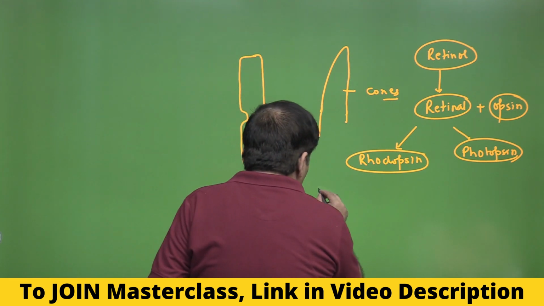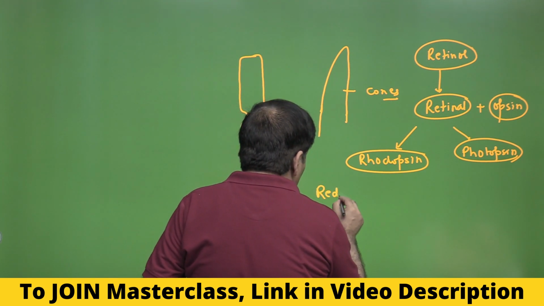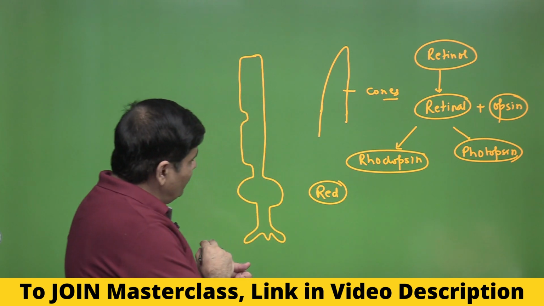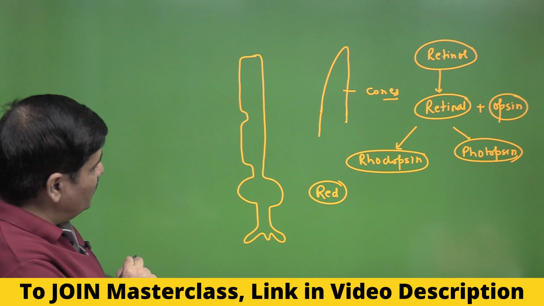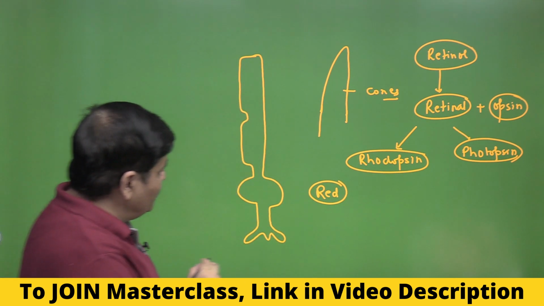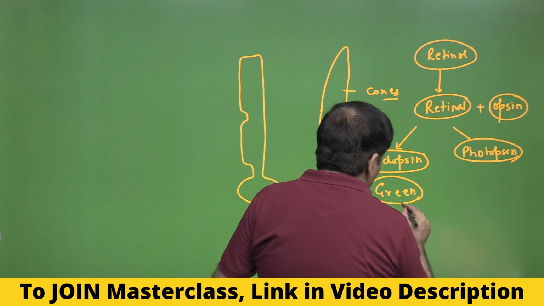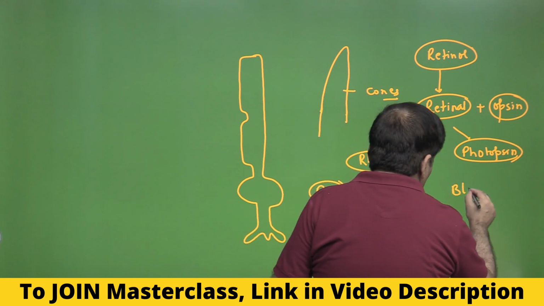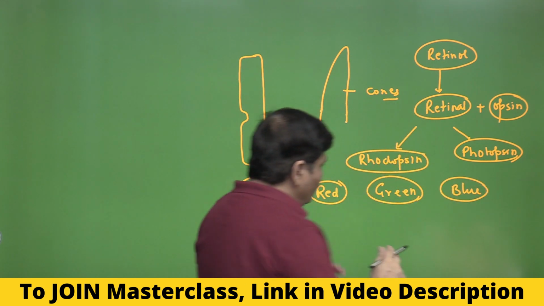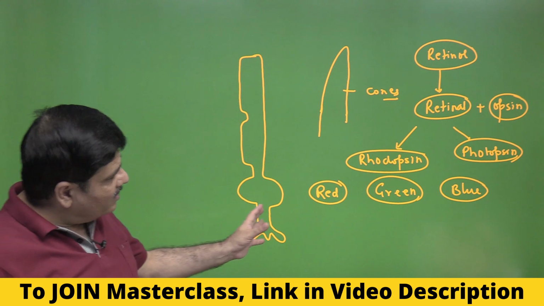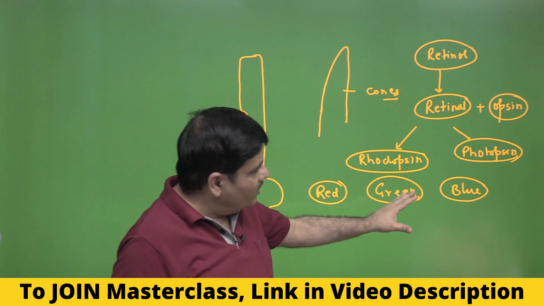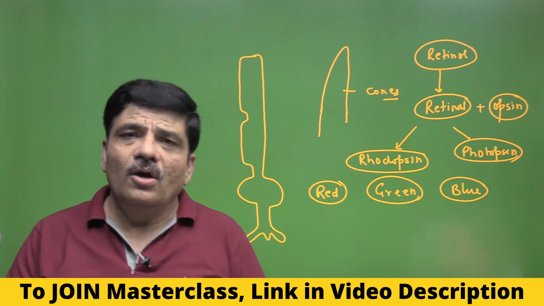So you have the cones that are very sensitive to light in the wavelength of the red end of the visual spectrum. Some of them would be for green, and then some of them would be for blue. So these are the three primary types of cones, and by the differential sensitivity of the different cones, you will be able to see all the colors.